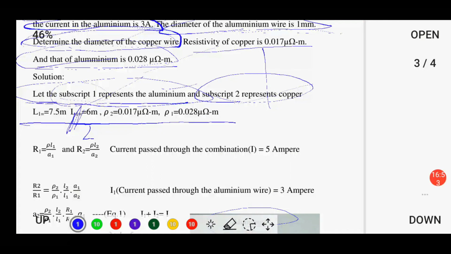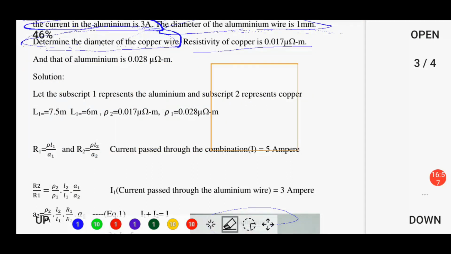So friends, L1 is the length of the aluminum wire, that is 7.5 meter, and L2 is the length of the copper wire, that is 6 meter.